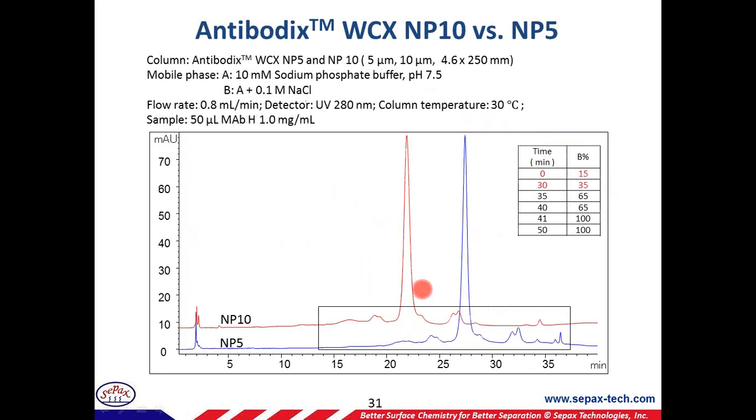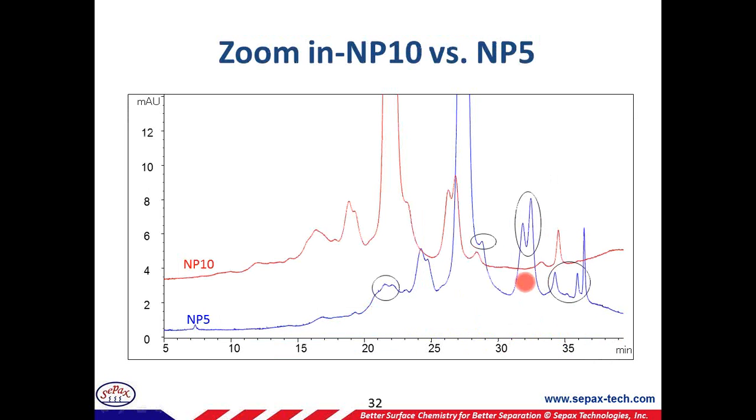Another WCX comparison is with a different mAb and a different buffer system, a sodium phosphate buffer system with a salt gradient. At first glance, you can see we get much better resolution in this range with the same gradient. Zooming into the area with the circled regions, it's very obvious.